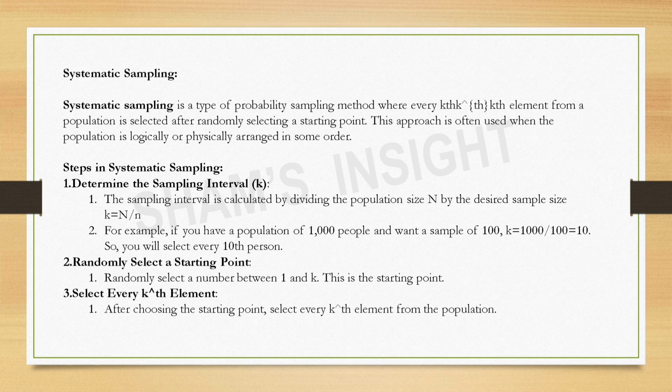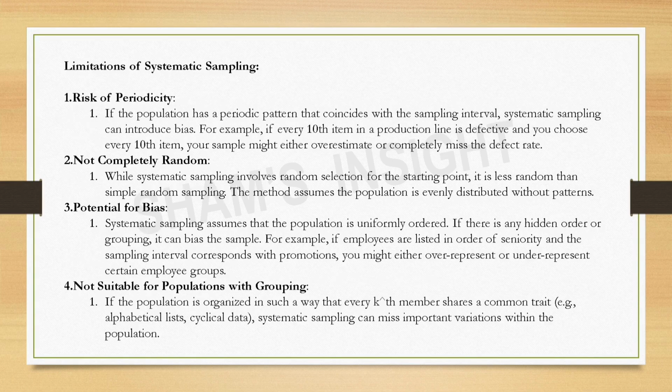Now randomly select a starting point. Randomly select a number between 1 and k, the k which we get, and this is the starting point. Now after choosing the starting point, select every kth element of the population. Like if we have selected 10, then every 10th.